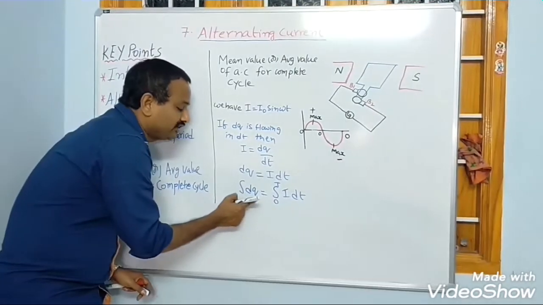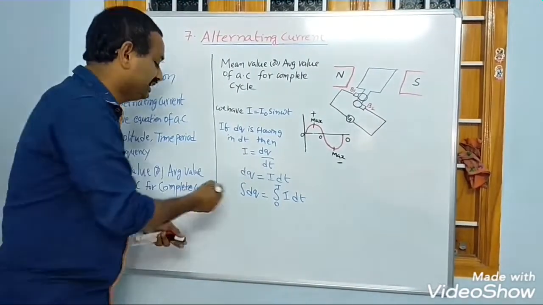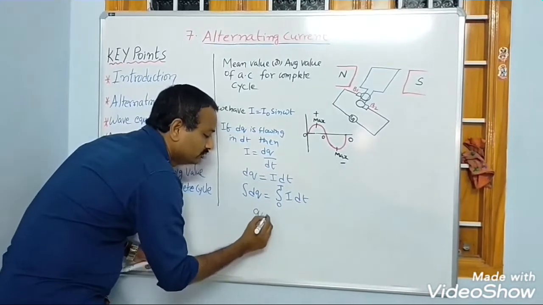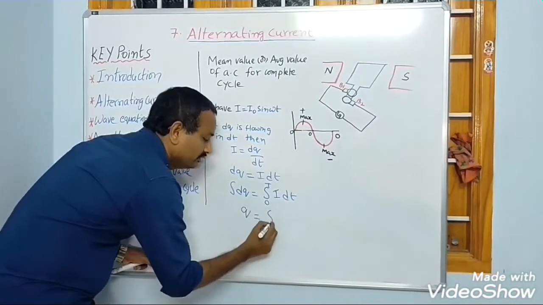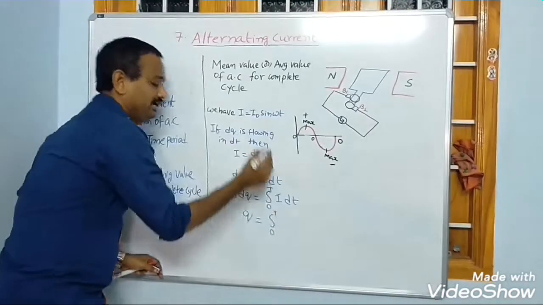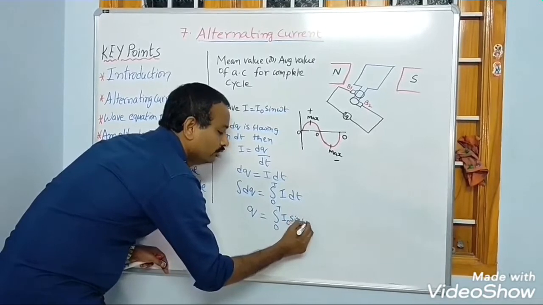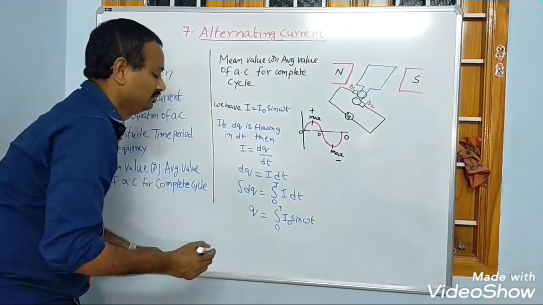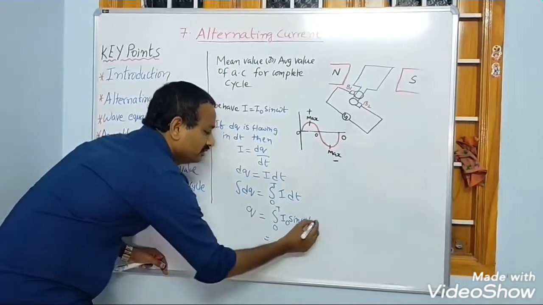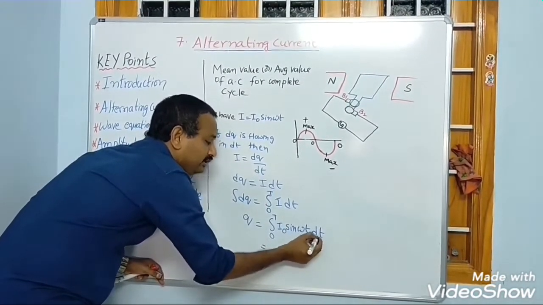So integration of dq, integration dx, what is that? X. So integration dq, q, okay, 0 to T, I means what? I naught sin omega t into dt.